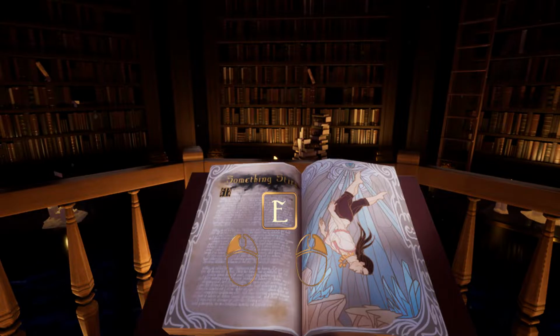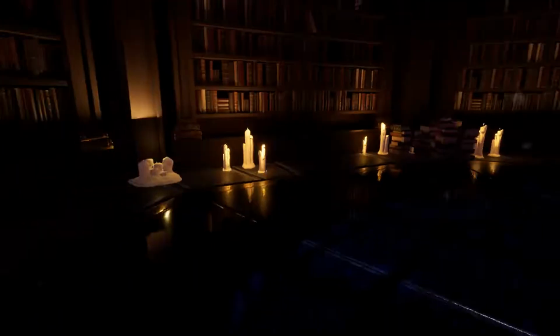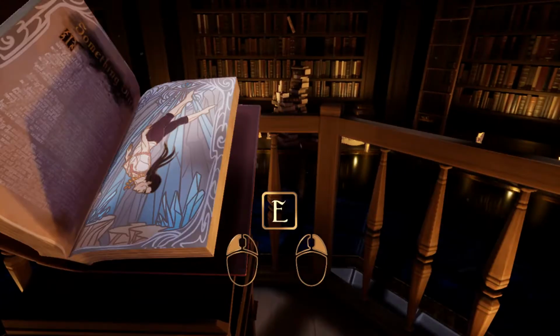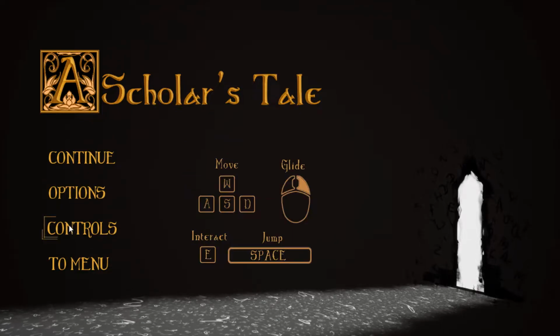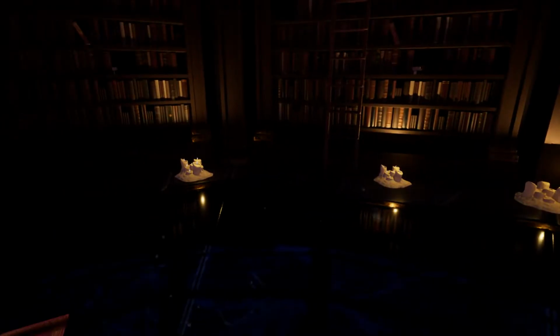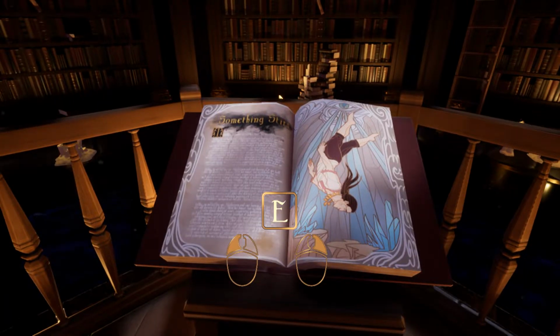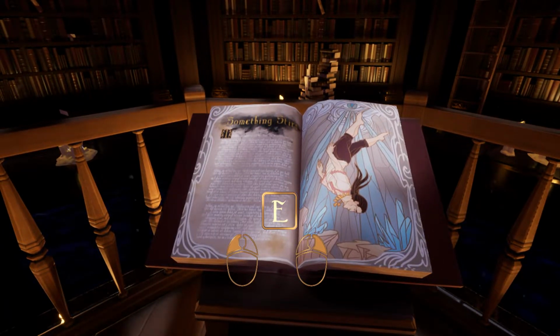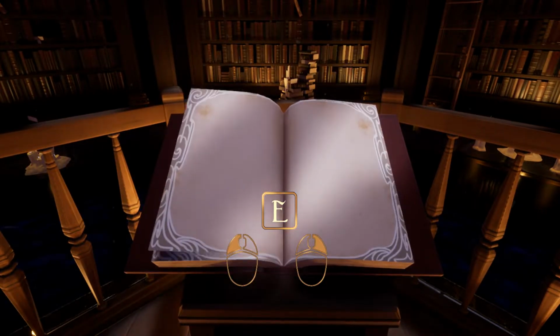Cool. It's like I'm reading the story. What? So space is jump, but I can't jump apparently. I'm pressing spacebar. Maybe it's for later. Something stirs. Then we have an empty page. What is it?